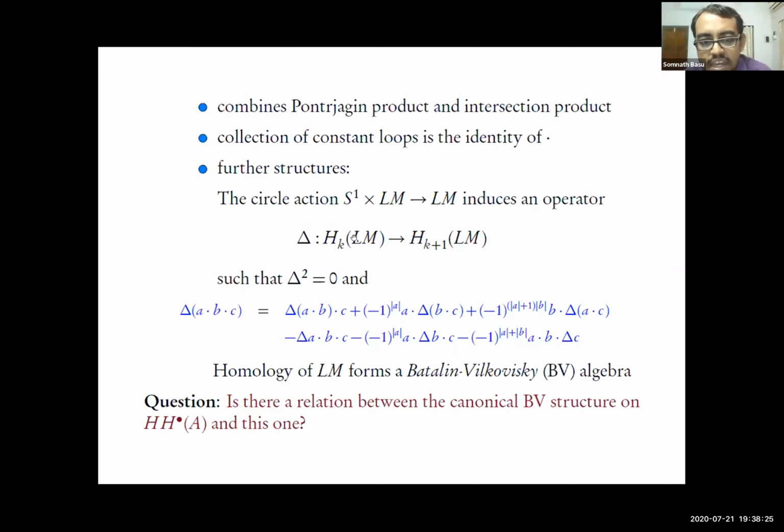But now we are saying that the homology of the loop space also has a BV structure. It's quite natural to ask, can one somehow reconcile these two structures, where A is the chains on the base loop space? Because this is somewhat algebraic, and this is something coming from the construction of how you rotate the loops. So this is a question which maybe we'll address later, okay? But it's there since we discussed BV.